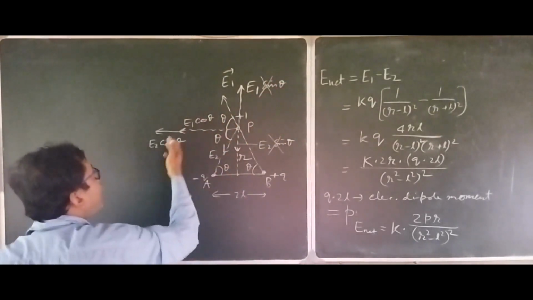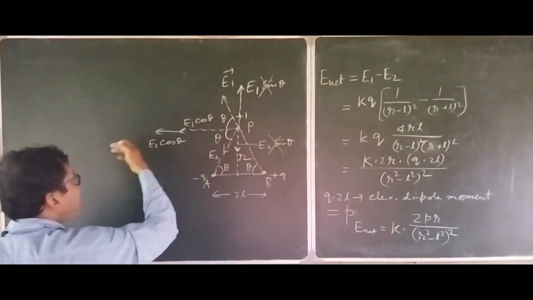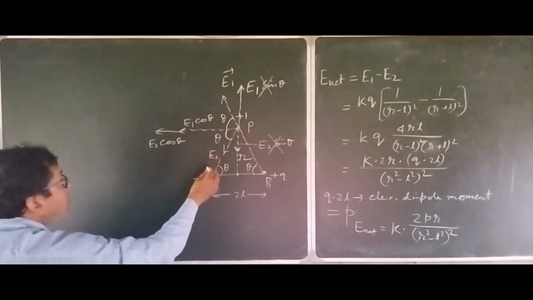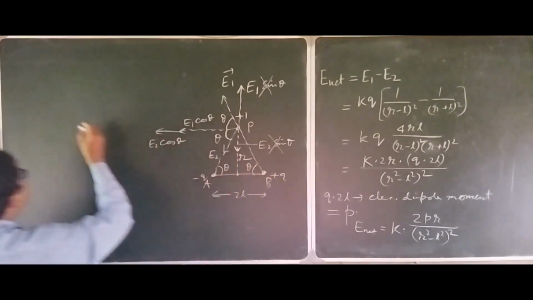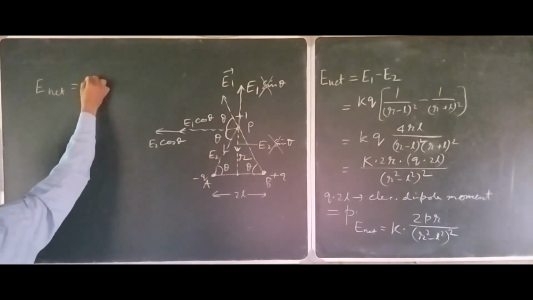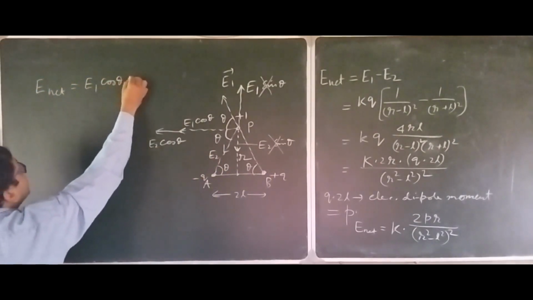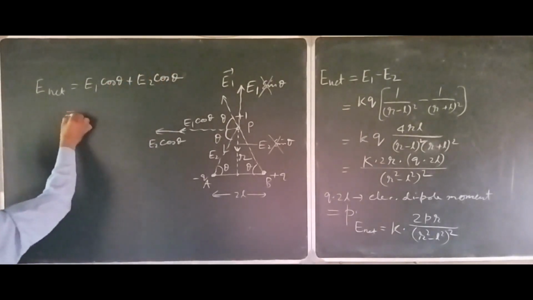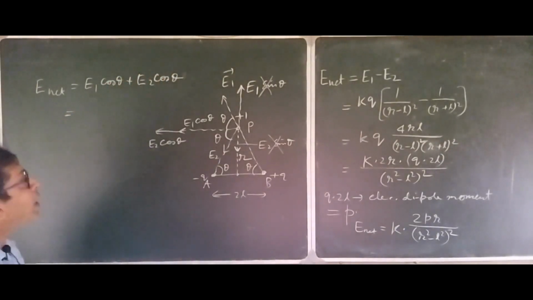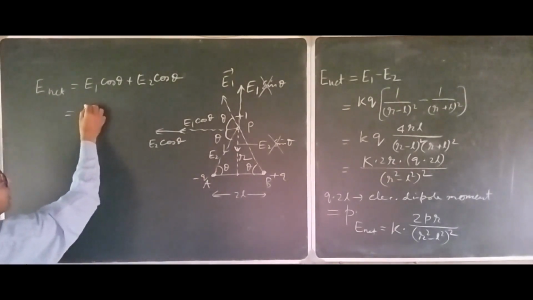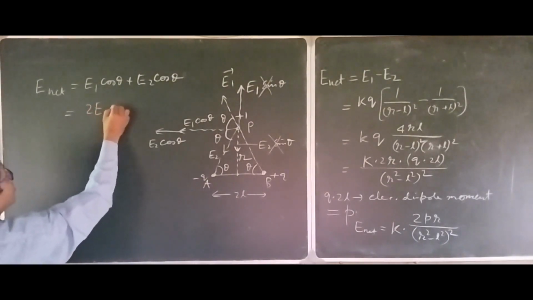But these two components, since they act in the same direction, the net intensity at that point due to this dipole will be equal to the sum of these two forces. Now E1 and E2 are equal in magnitude, so we can write it as 2E1 cos theta.